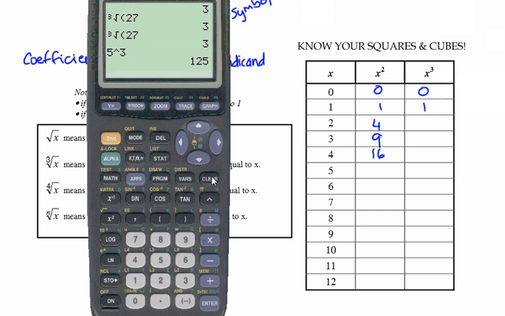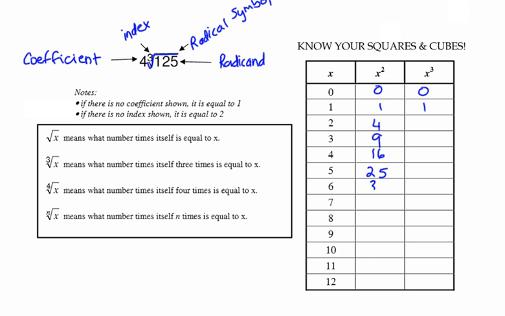All right, so when we're squaring, we're going 5 times 5, 6 times 6, 7 times 7. Getting ahead of myself. 121, 144. Once you have your squares in, use your calculators and write down your cubes.